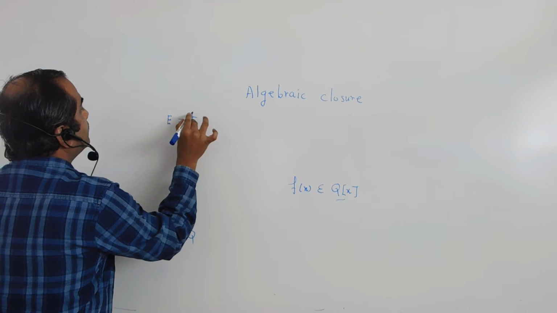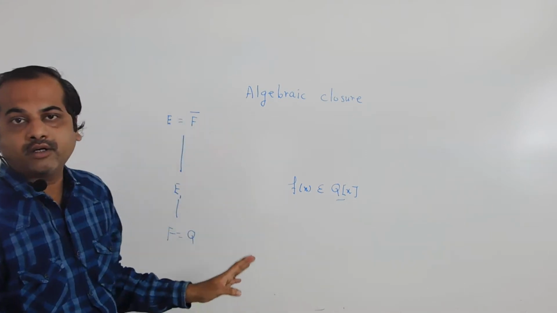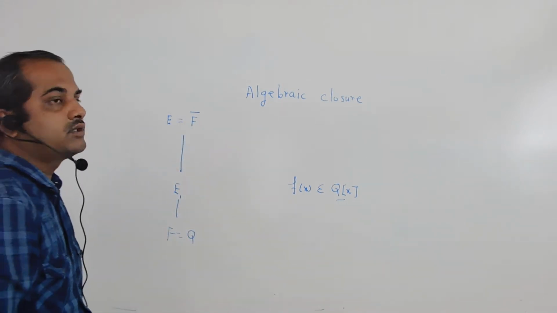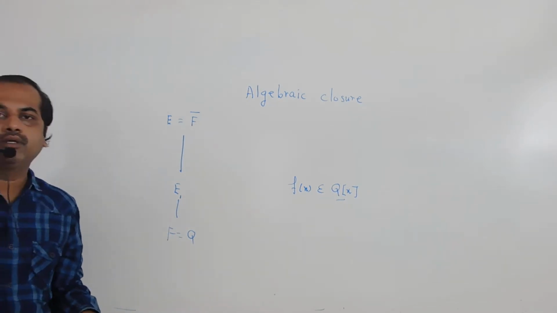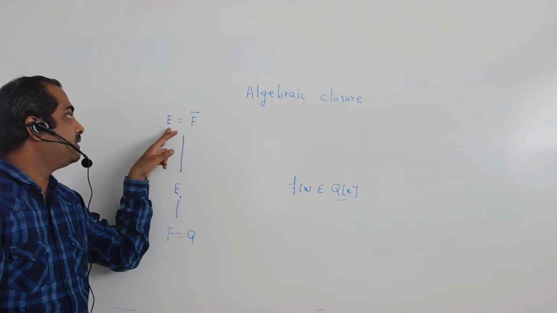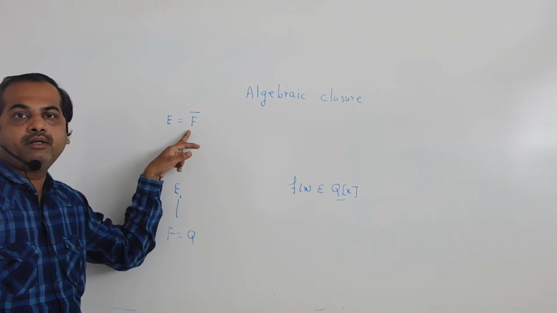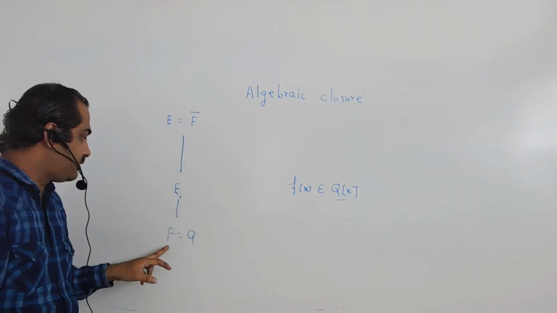We don't know whether that extension is finite or infinite. That extension is called the algebraic closure. This E is denoted by F bar. So F bar is the algebraic closure of F.